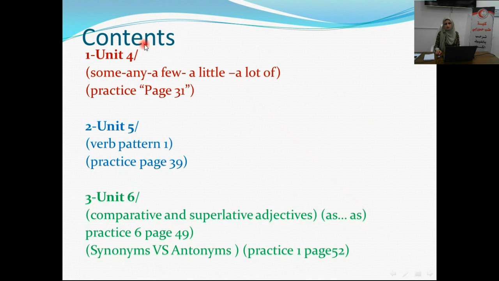We are going to deal with these topics. We are going to start with Unit 4, dealing with some expressions like some, any, few, little, and a lot of. Then we are going to move to Unit 5, dealing with verb patterns, and we have some exercises for that.